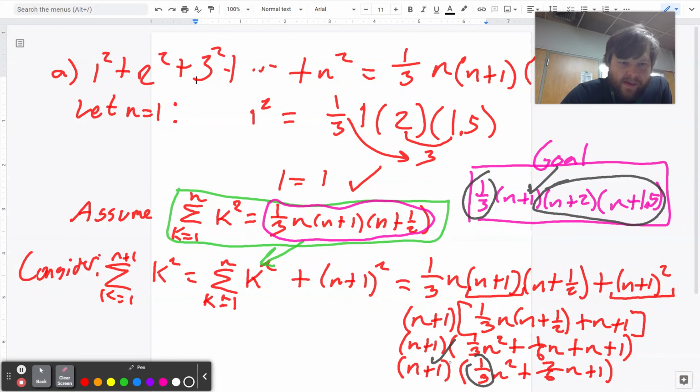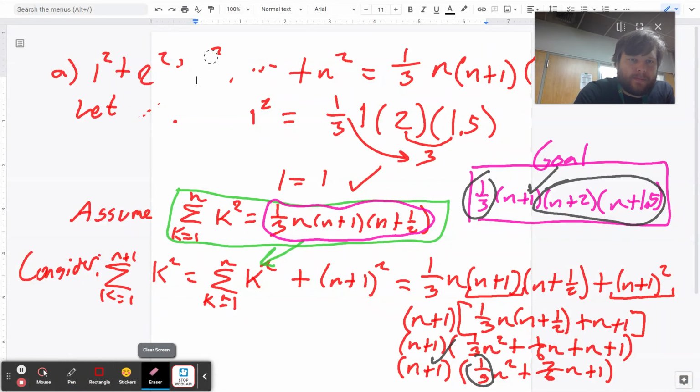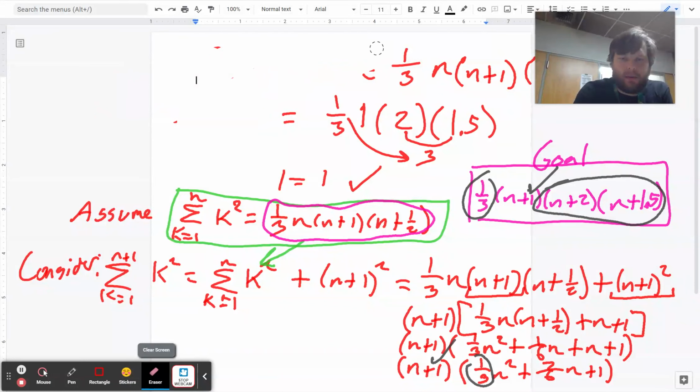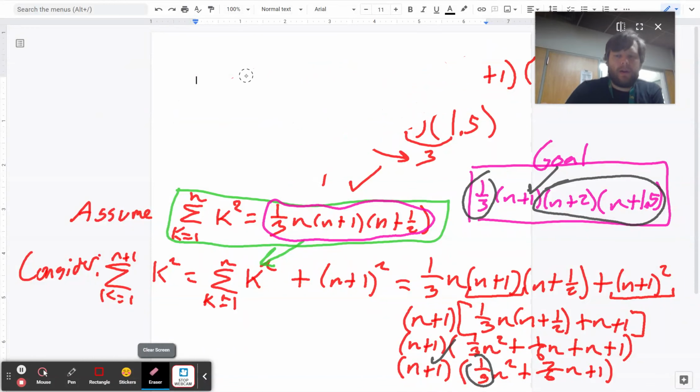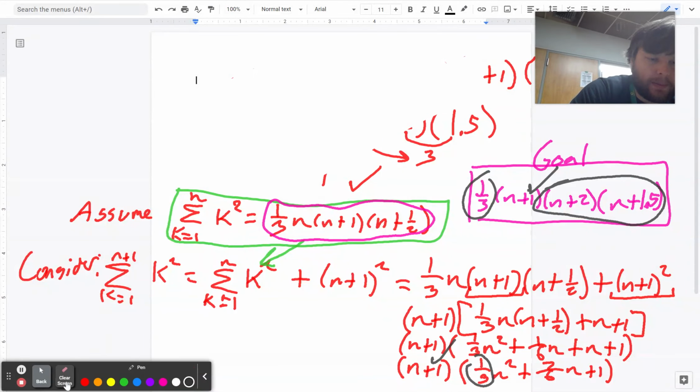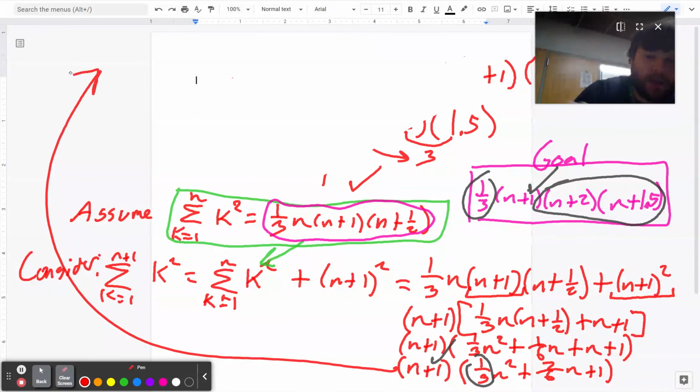So let's do this. Let's create a little space up top for me to write on. I think we could get there in about two or three more steps. All right, I'm going to copy all that back up top here. We're going to pull 1/3 in front of the n plus 1. When you factor something out, it feels like you're dividing the terms.